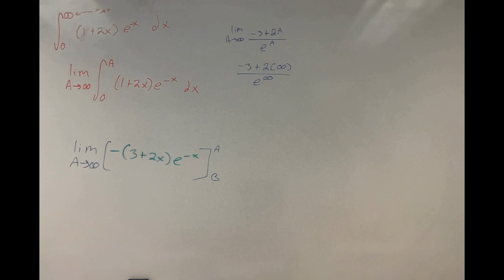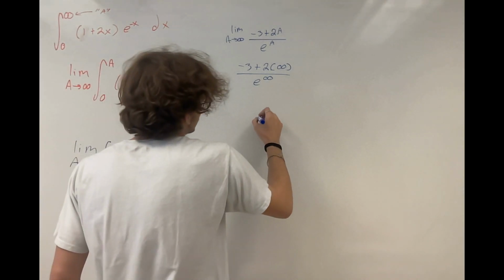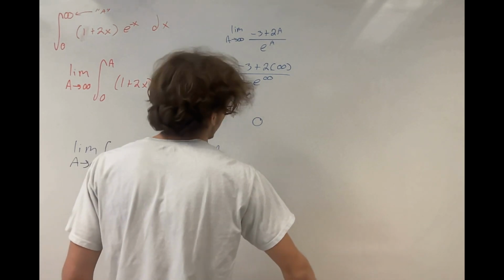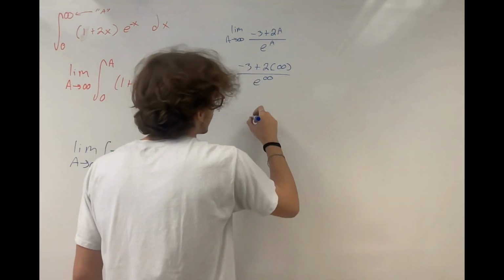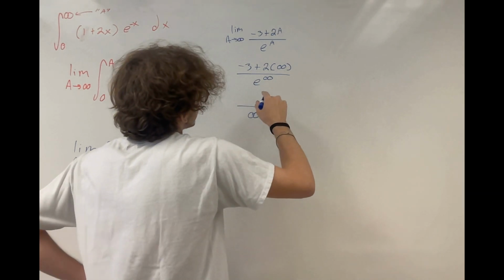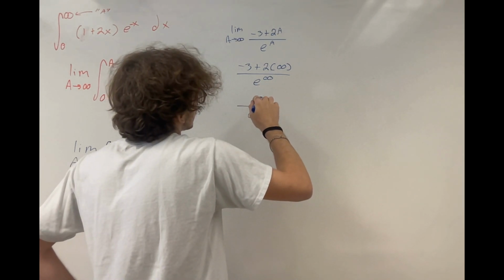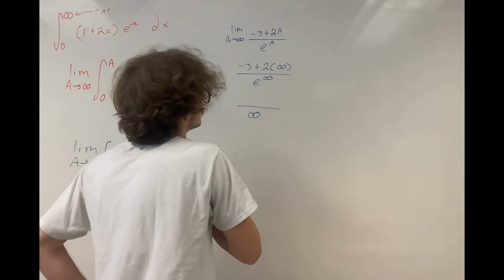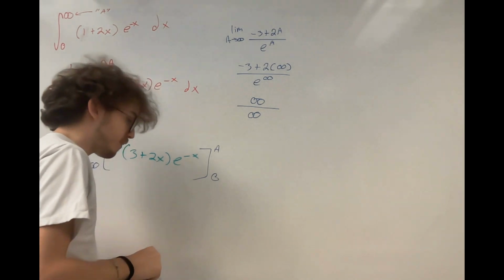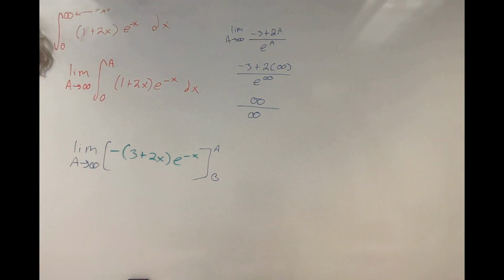Okay, so e to the infinity is simply going to be, or sorry, it's going to be infinity. Negative 3 plus 2 infinity is going to be infinity. So this is an infinity over infinity problem, which means we need L'Hopital's rule.